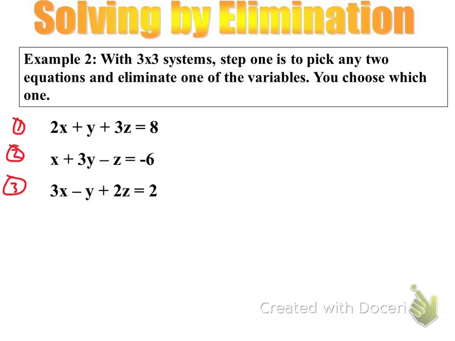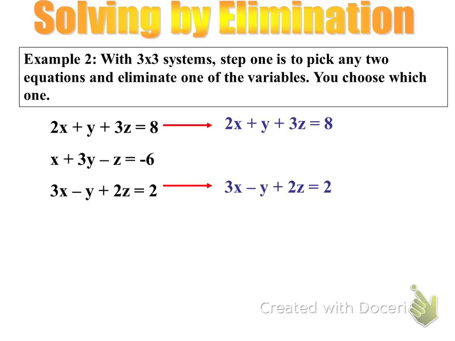You could eliminate the x's, you could eliminate the z's, but if you go with something that requires no multiplication, you're going to save yourself a little bit of time, usually. So we can add equation 1 and equation 3, right? If we add equation 1 and equation 3, the result is 5x plus 5z equals 10.